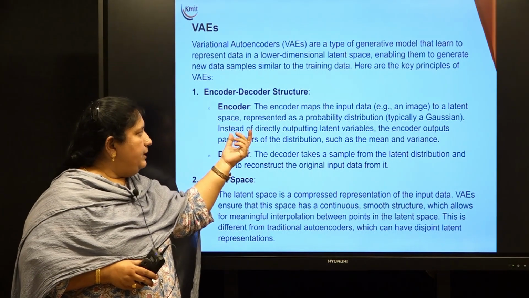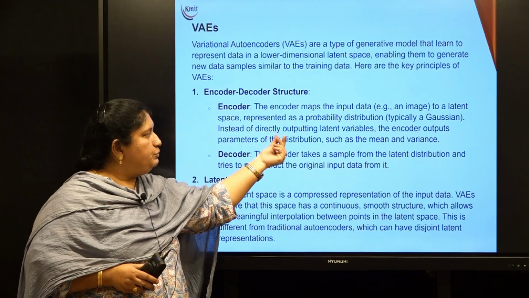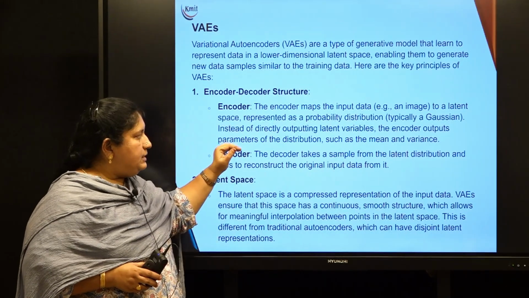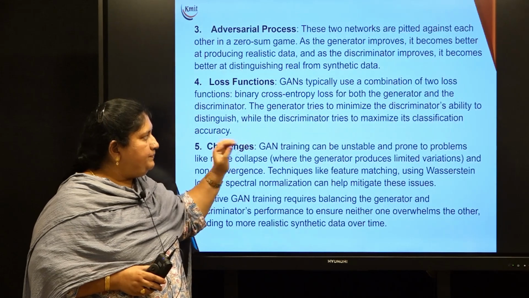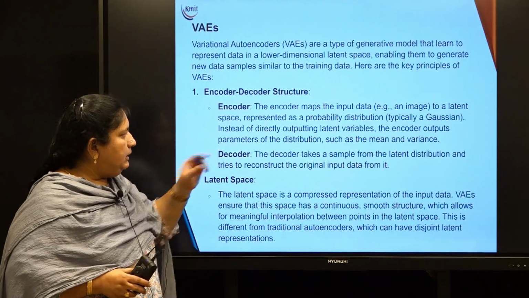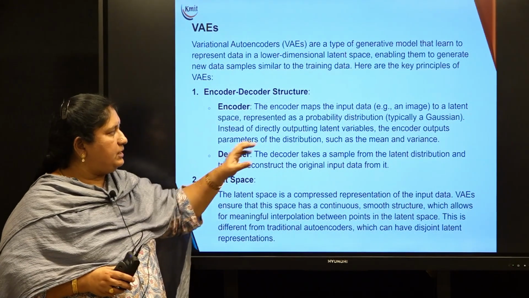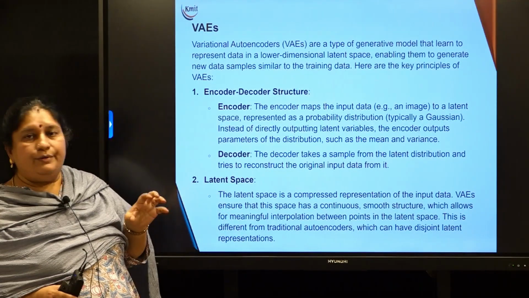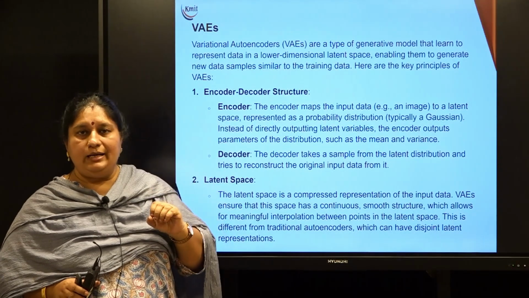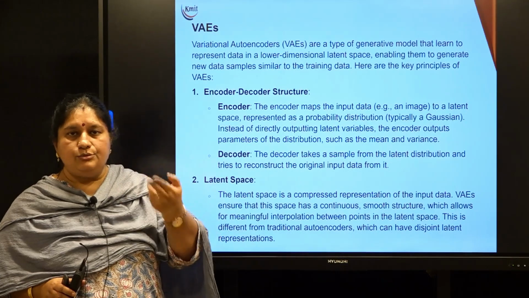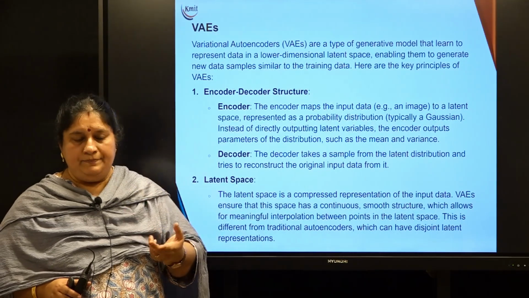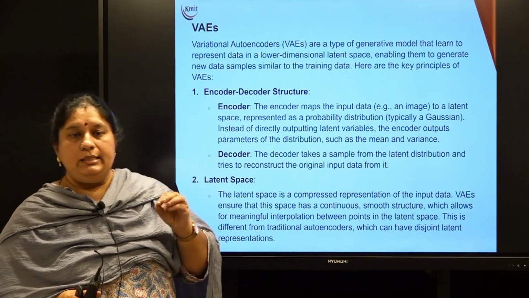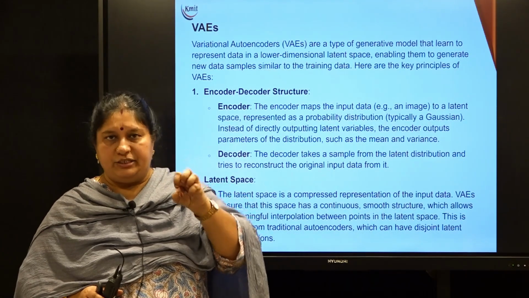Instead of directly outputting latent variables, the encoder outputs the parameters of the distribution, such as mean and variance. The decoder will take a sample from the latent distribution and try to reconstruct the image again. So you can go through variational autoencoders in the context of image compression, right?